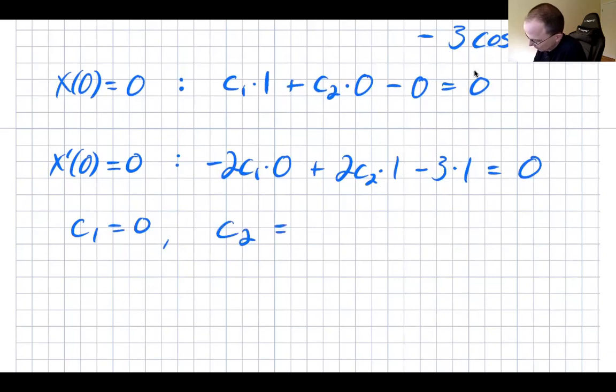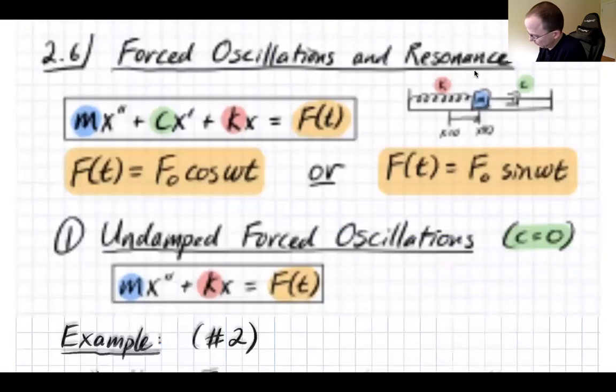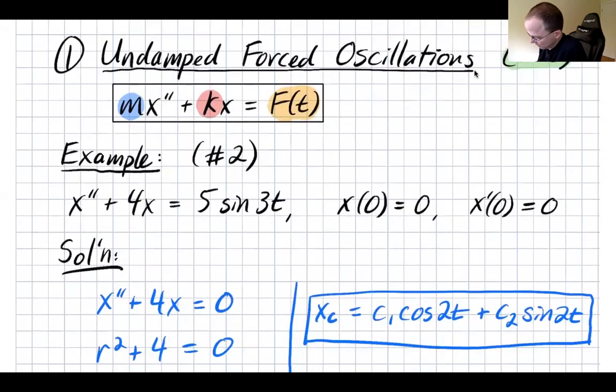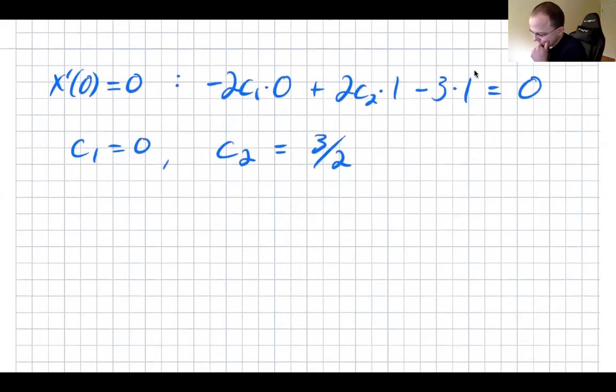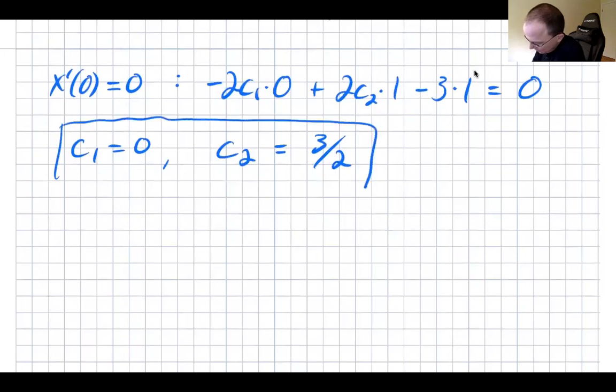So therefore we have c1 equal to 0, and c2 is going to be 3 divided by 2, right? If I move this 3 over here, I have 2 c2 is equal to 3, and then I divide both sides by 2. Okay, so there are our coefficients.